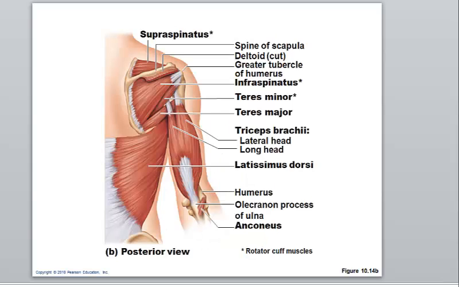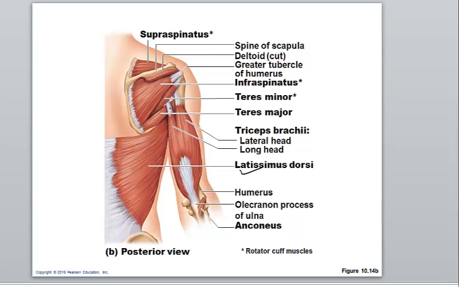If you look at the posterior view of the muscles of your thorax that move your arm, you have your latissimus dorsi first over here. This is the broad muscle. It starts from your vertebrae and then it goes all the way to your spirals. You can see it kind of twists and attaches to, again, the intertubercular sulcus of your humerus.